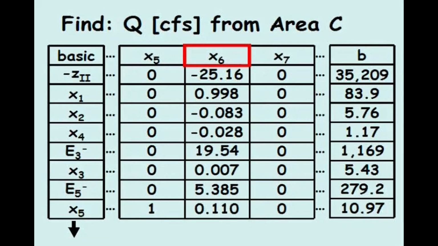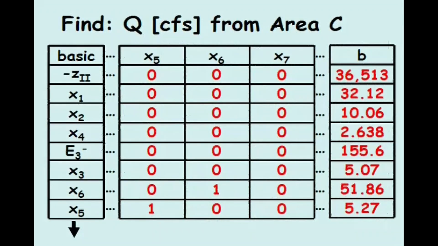Next, variable x6, which represents the runoff flow rate from area F, enters the basis in place of variable E5 minus. After pivoting about variable x6, the tableau is in canonical form.